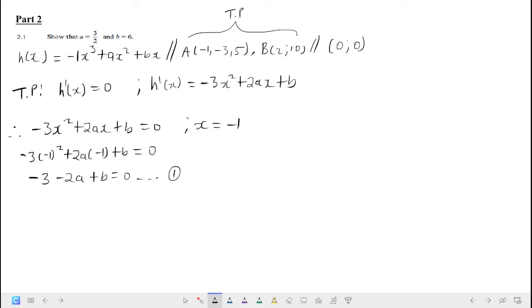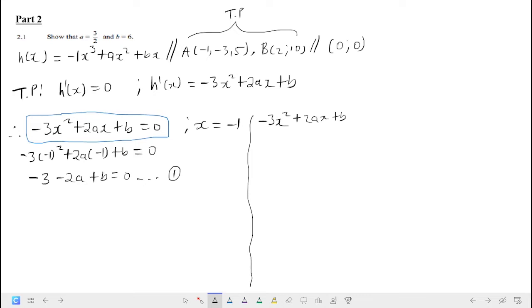Now let's look over again into this part, because this is our equation that we have here. But in this case, instead of substituting x equals -1, let's substitute now x. Let's rewrite it again here: 3 minus 3x squared plus 2ax plus b equals 0.